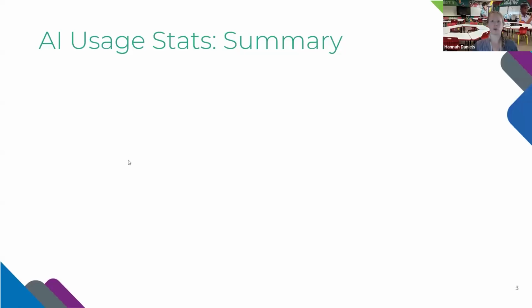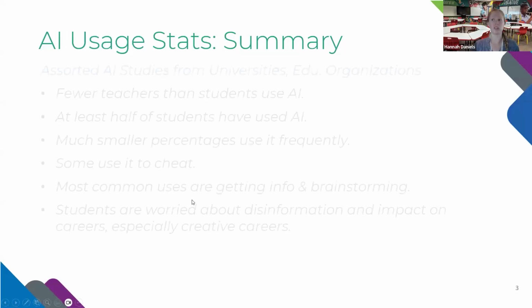So here are some overall stats we found. We were looking at a whole bunch of different surveys when we found this data. Some were by universities like Harvard, others were by organizations that we may or may not have ever heard of. So some of this we're not sure exactly the depth and quality of these surveys, but it painted a pretty clear picture to us.